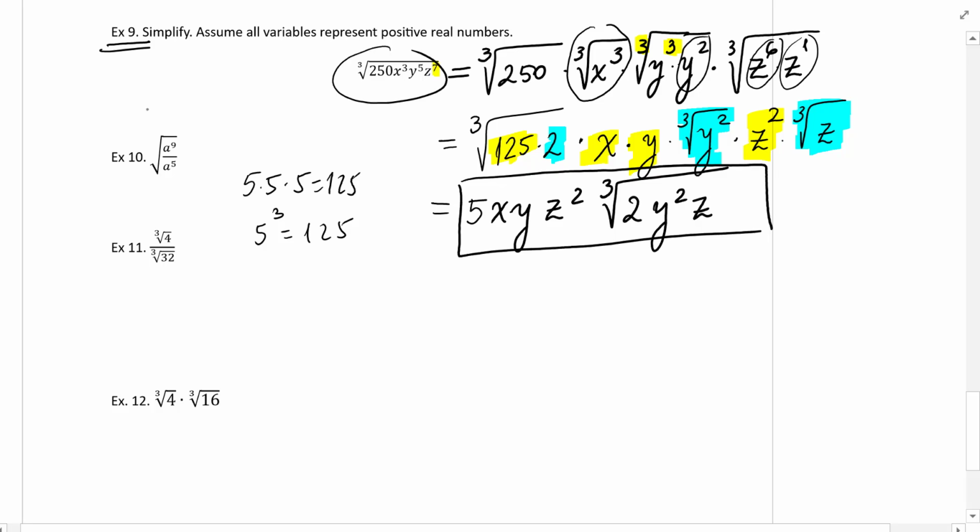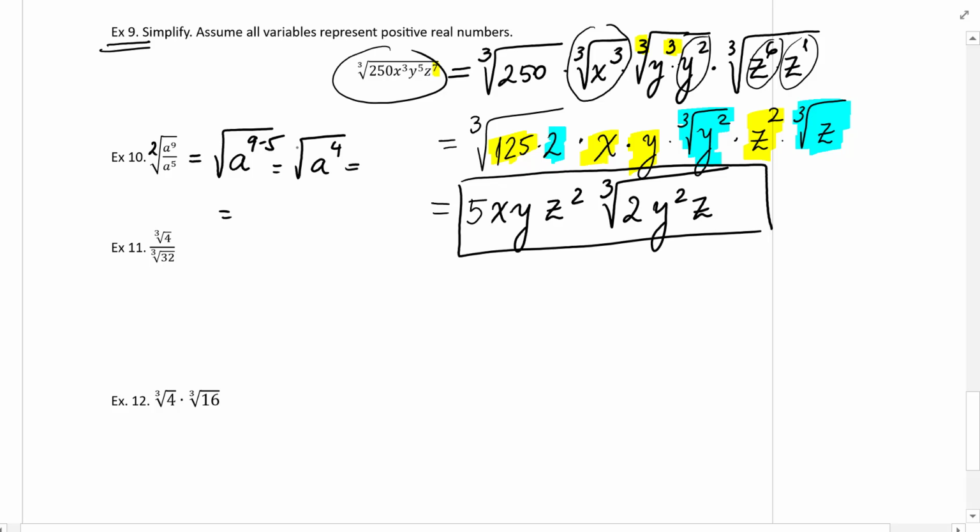Okay, and I'm going to do 10. Let's do 10 so that we review the other property. So when we look at square root of a to the 9 over a to the fifth, I can actually say square root of a to the 9 over a to the fifth, it's a to the 9 minus 5, properties of exponents, that's a to the fourth, right?